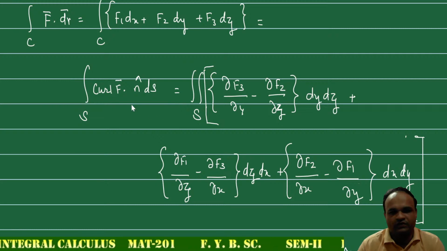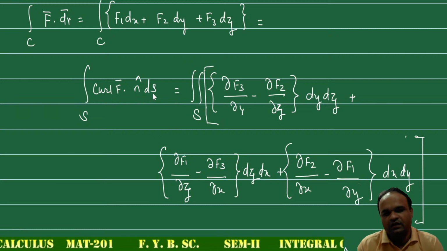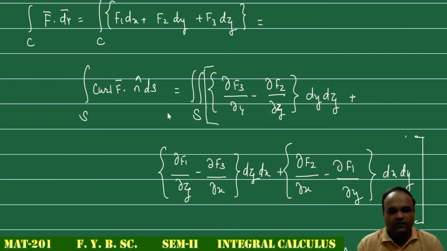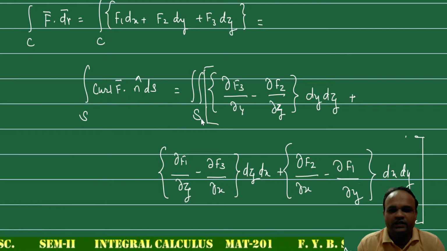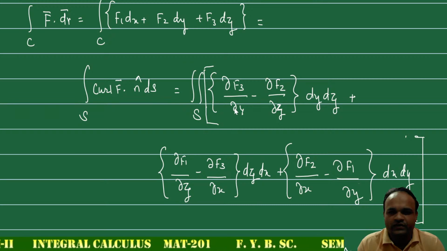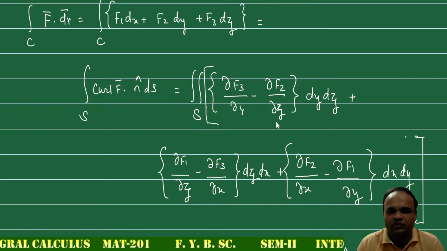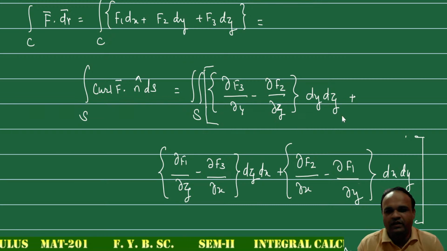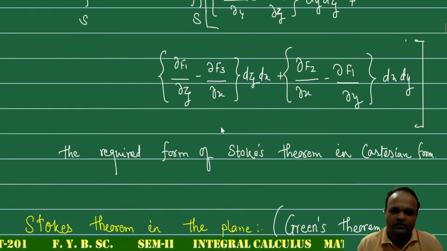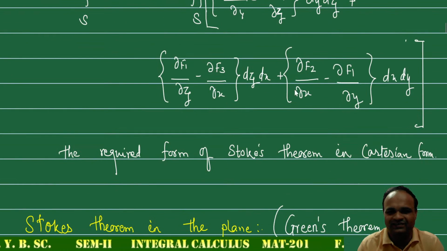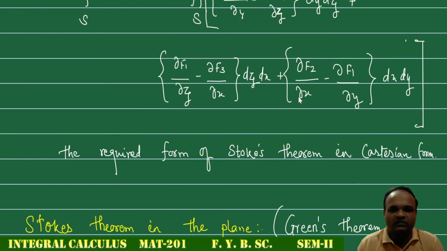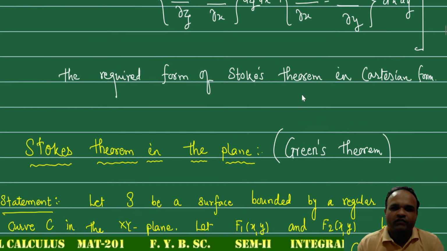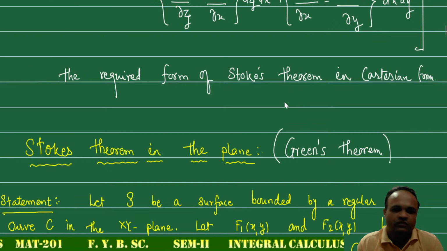So we are putting here value of curl of f bar and n cap ds. So that will imply, this dot product, so it will be a surface integral over S of (dou f3 by dou y minus dou f2 by dou z) dy dz plus (dou f1 by dou z minus dou f3 by dou x) dz dx plus (dou f2 by dou x minus dou f1 by dou y) dx dy. So this is the required form of Stokes theorem in the Cartesian form.